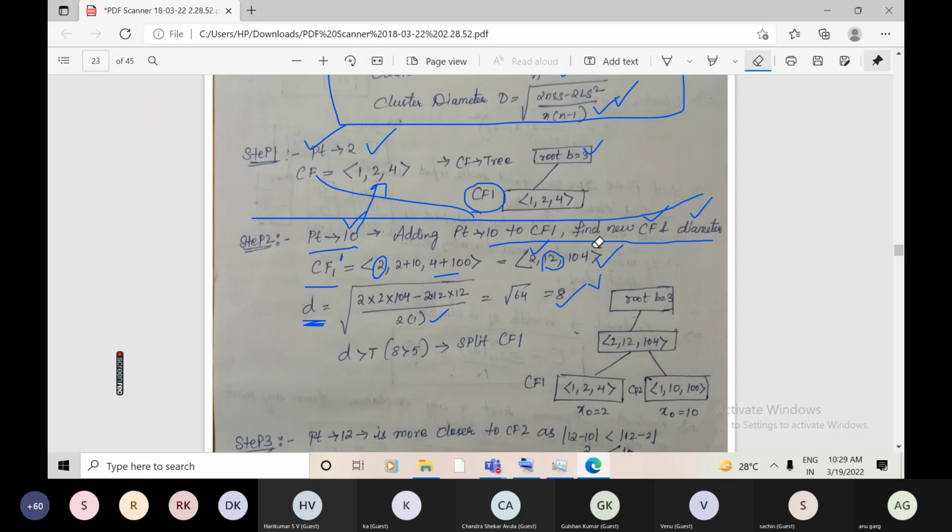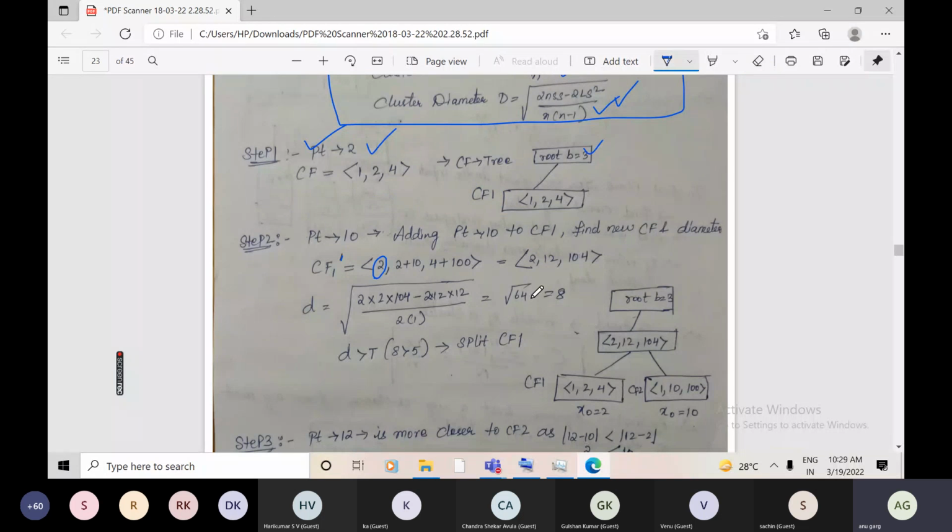Now, the threshold value given in the question is 5. T value is given as 5. Now is your diameter 8 greater than T or less than T? It is greater. So whenever you get your cluster diameter value greater than T, you have to split your CF1.